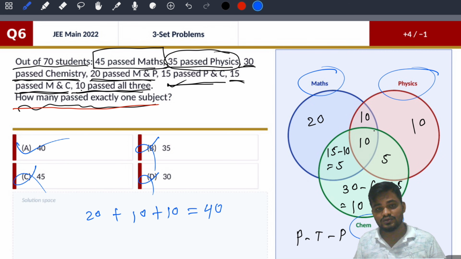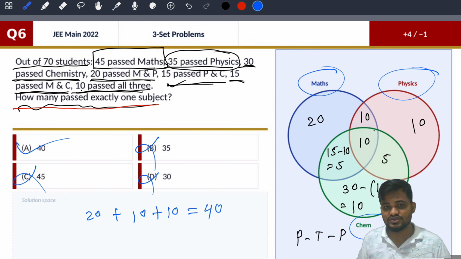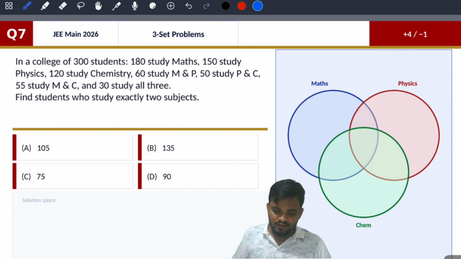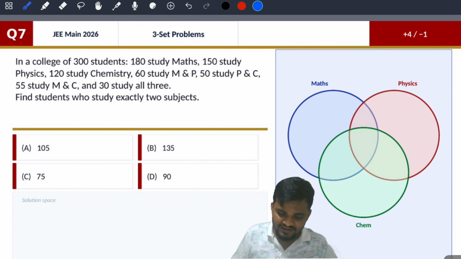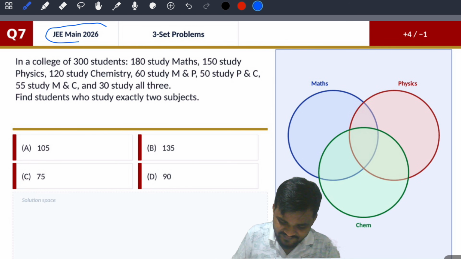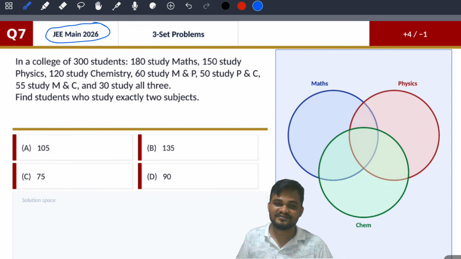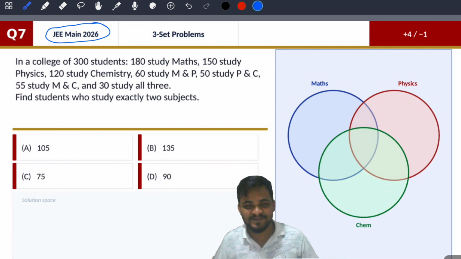I hope you understood. Just think for a while how I solve this question, then you have to go to the next question. So question number 7. It is a recent question which was asked in JEE Main 2026. So what is the question talking about?